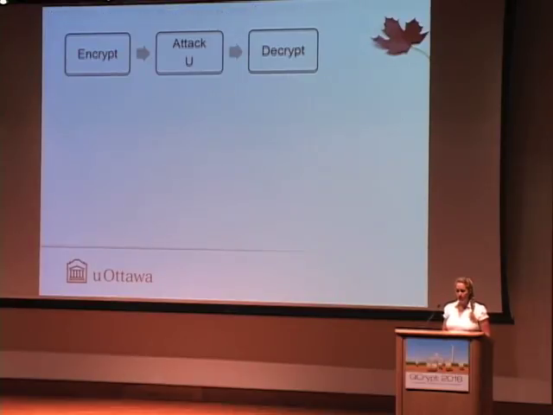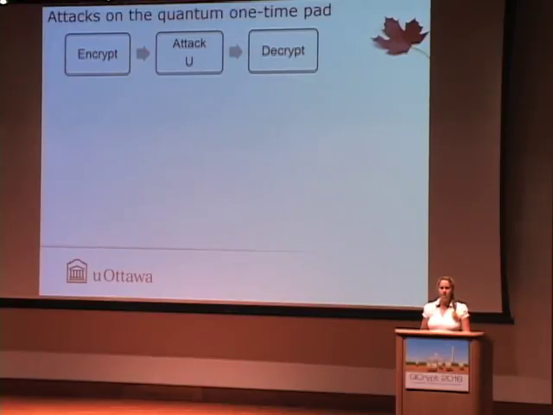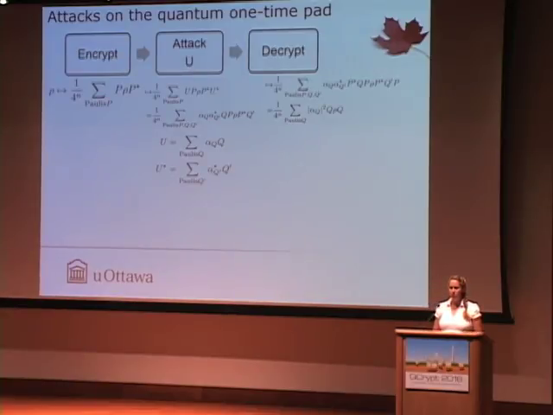This is a quantum analog to this observation, and it's called the Pauli twirl. It's a simple trick, one of my favorite tricks. So if we encrypt a quantum state, attack it with a unitary U, and then decrypt it, so we have P, and U will be given in this Pauli basis, a sum over all P, Q, Q prime, P, Q, P star.